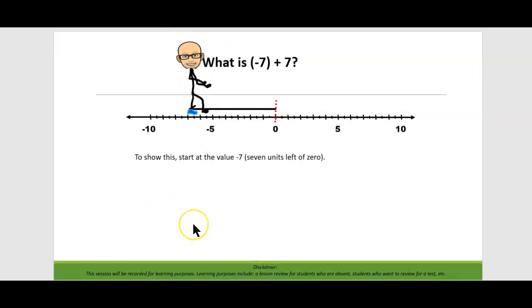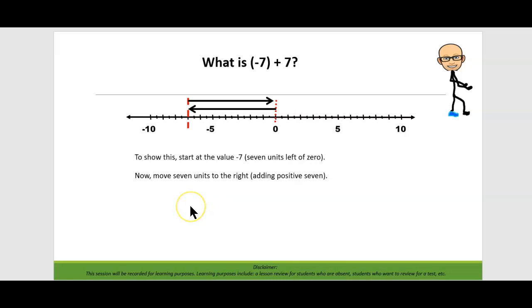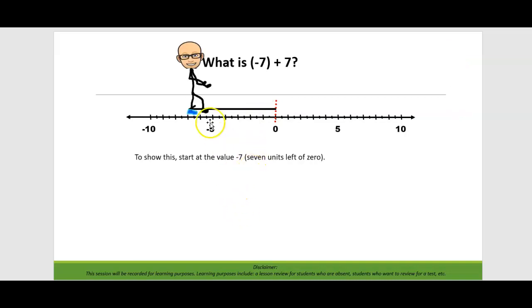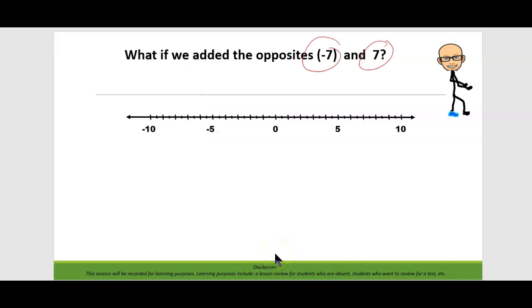But let's add it to this distance. This is weird, because we're going to end up at 0. They're not asking you what the distance is. It's not the absolute value of this. You just traveled 14 units, which could be miles or whatever, but they're not asking for that. They're asking where do you end up, right?